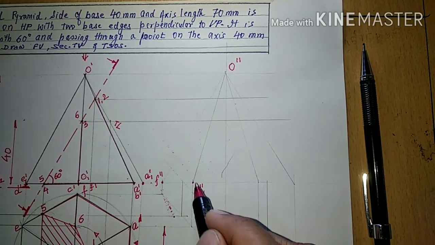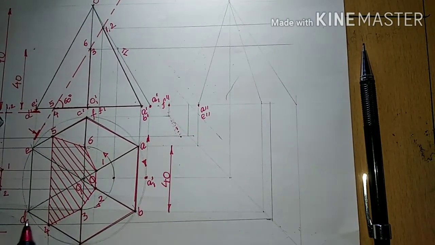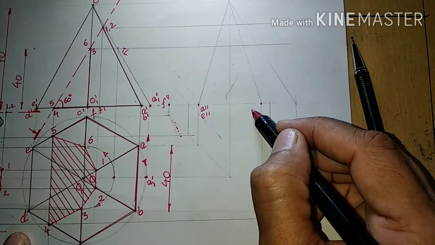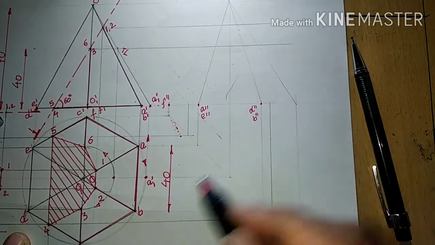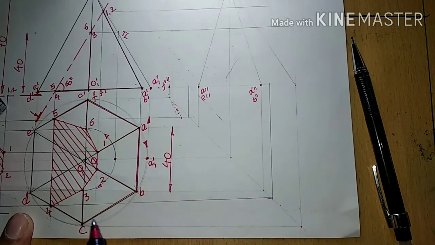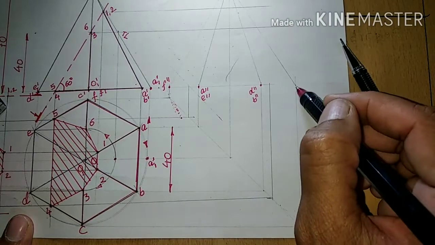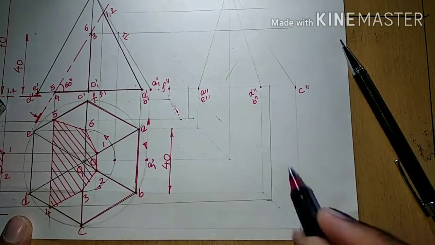Then D and B will also coincide here, so we'll get D double dash, B double dash. C will come here and will go and meet on this point as C double dash.